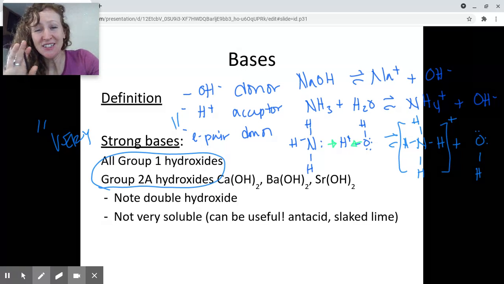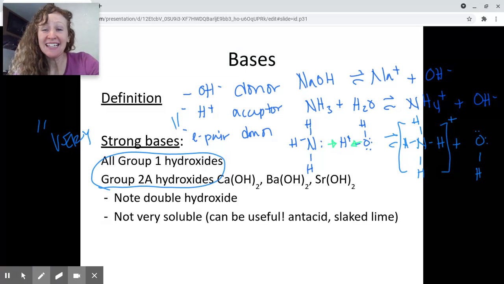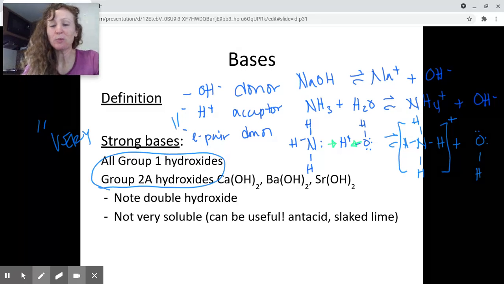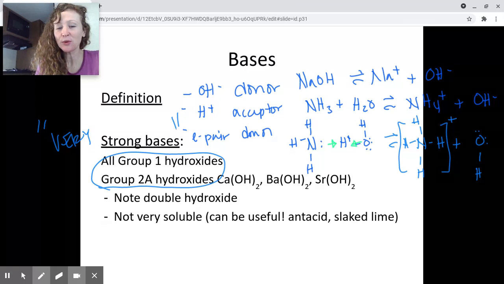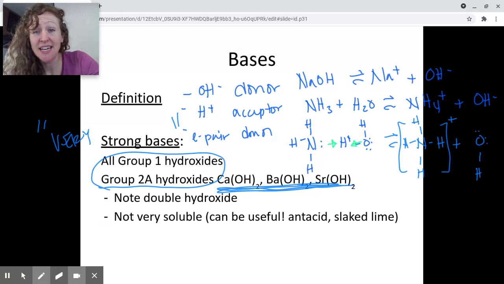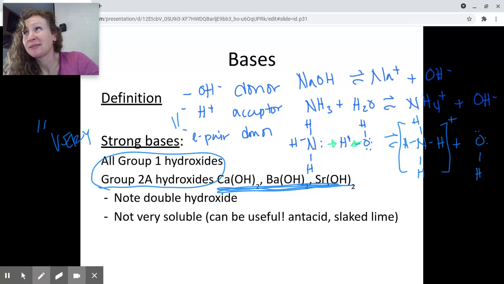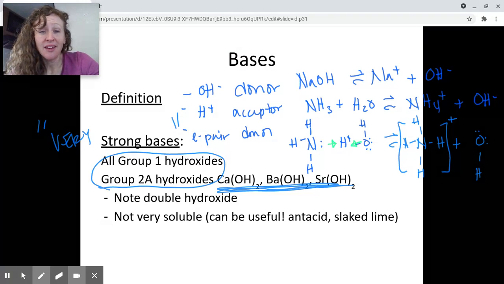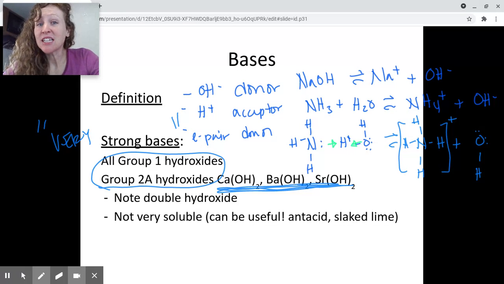Now, with that said, bases are not quite as straightforward as acids, because some of the group 2A hydroxides, like calcium hydroxide, barium hydroxide, strontium hydroxide, as well as magnesium hydroxide, they are not actually very soluble.